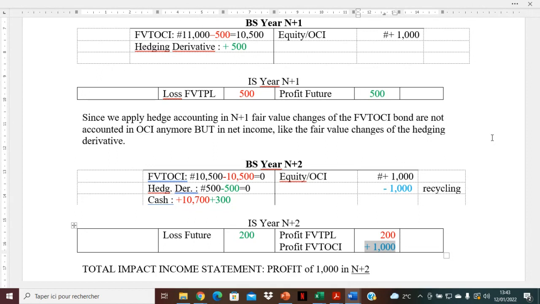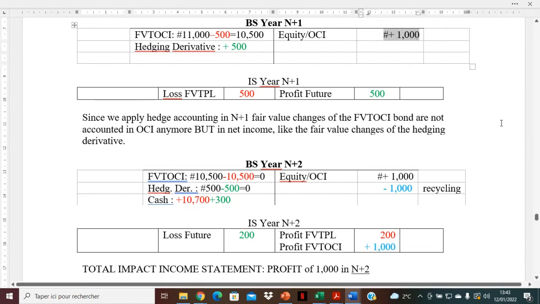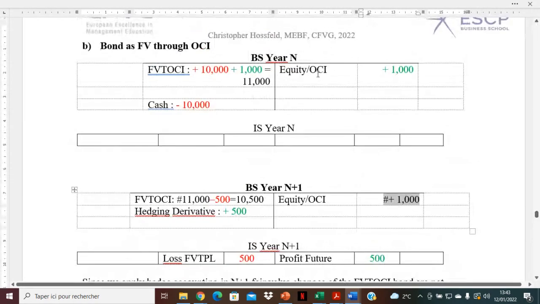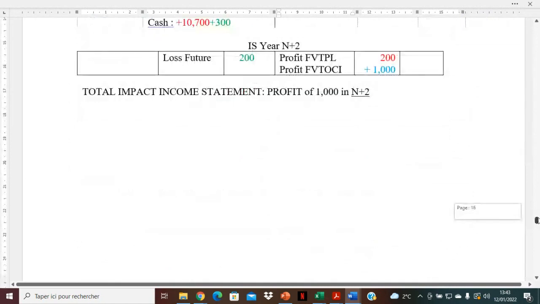That means here we are in the same situation as on our slides. In year N, we made a paper gain, and because of the hedge, we were able to secure this paper gain.